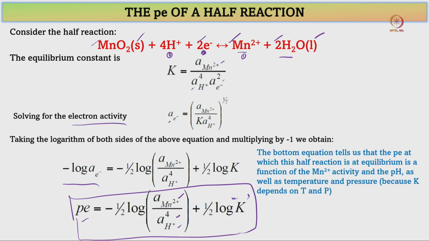First, you are going to write the equilibrium constant. Since we are trying to find the pe, we are going to include the electrons and add that term, and then we are going to solve in terms of electron activity. Whatever is there in the ionic state, we will have that. If H plus ions are there, then we know we will have a pH term, and of course, K we are going to have.